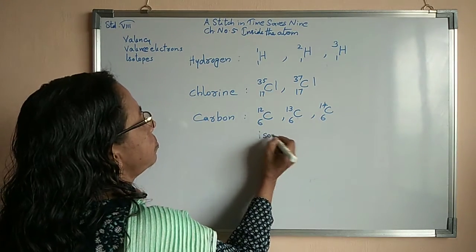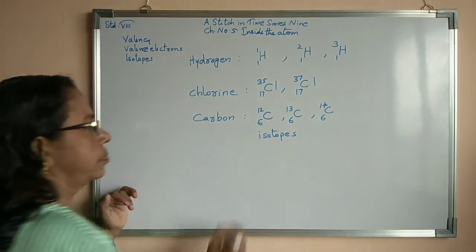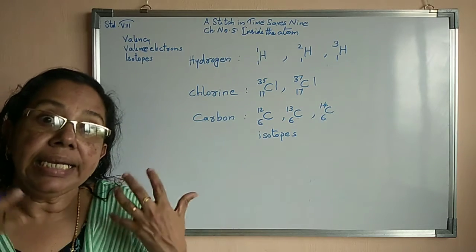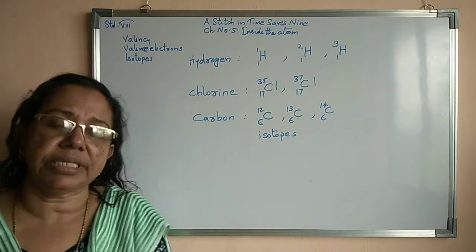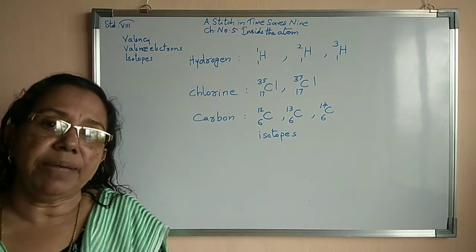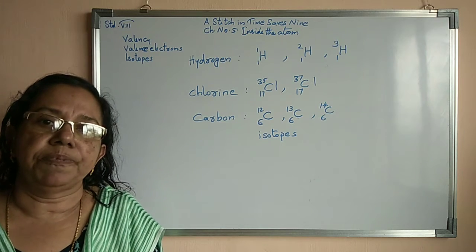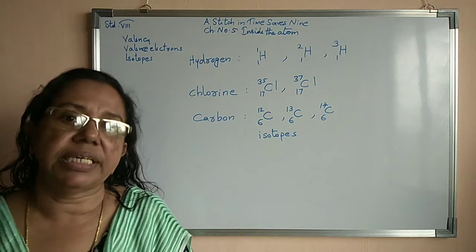Isotopes are a speciality in nature itself. That means nobody made them. They are present in nature. Some of the elements have different types of atoms, with different mass numbers but the same atomic number.